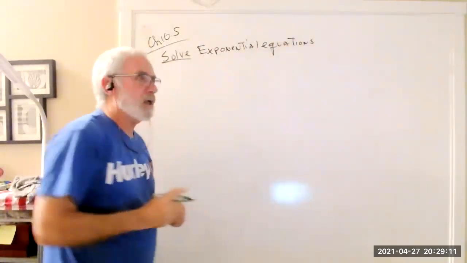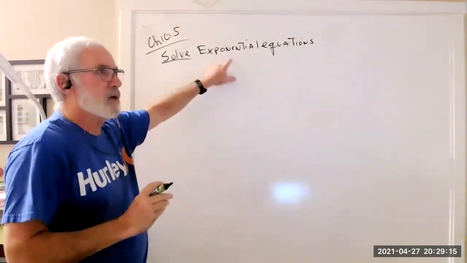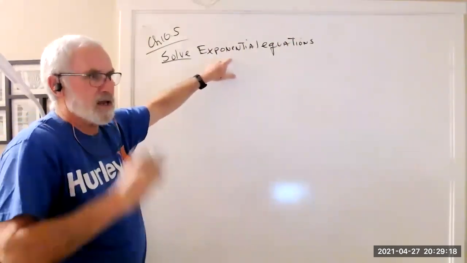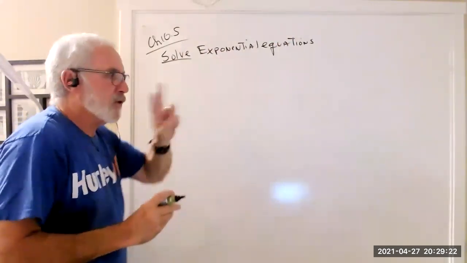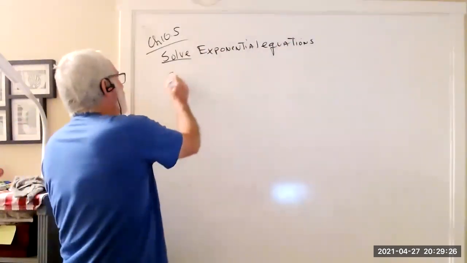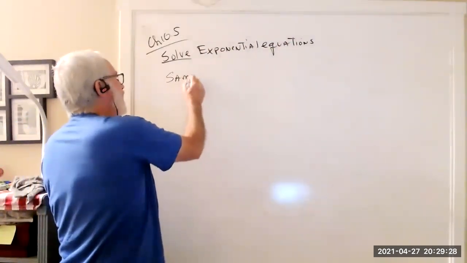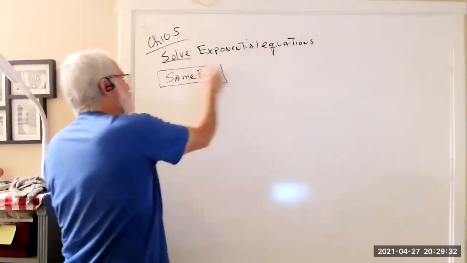Now, exponential. Think about that word for a moment. Not logarithms, exponentials. Okay? There are two types. We've already studied one type. That was called same base. We already studied that last week.